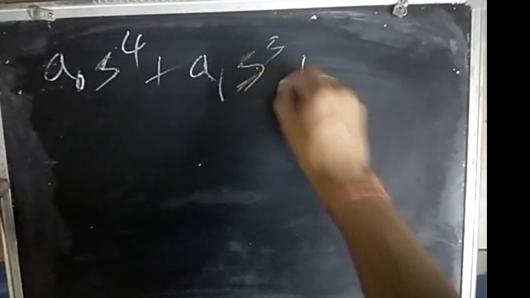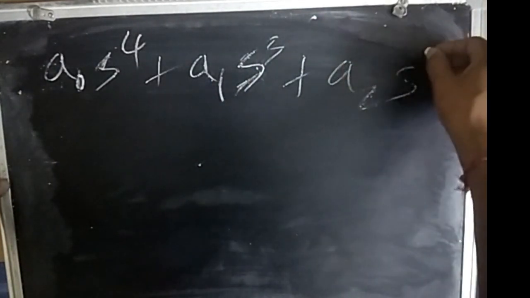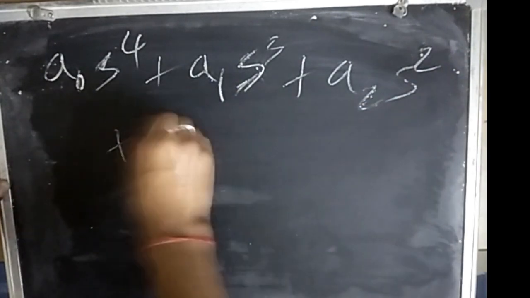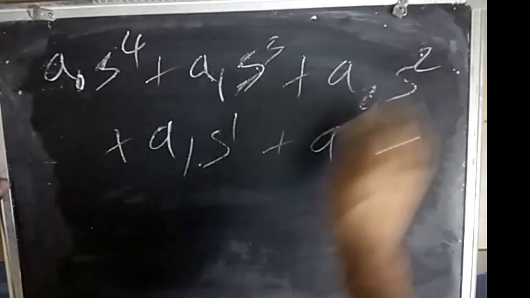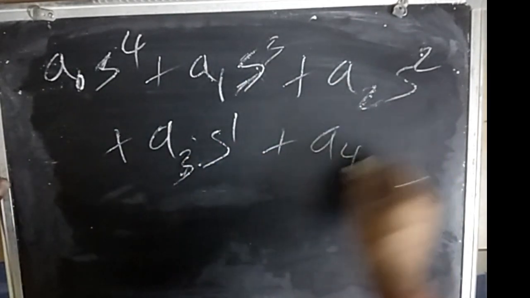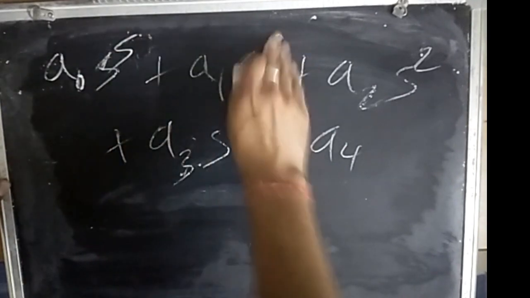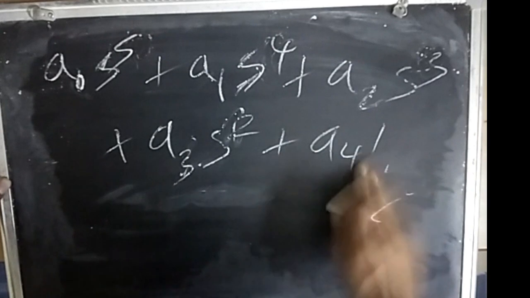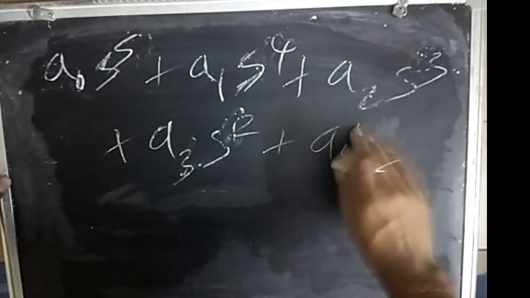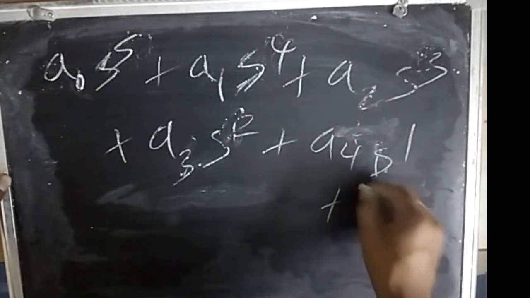Now let's say we have a fifth order polynomial: A0 s to the power 5 plus A1 s to the power 4 plus A2 s cubed plus A3 s squared plus A4 s plus A5.